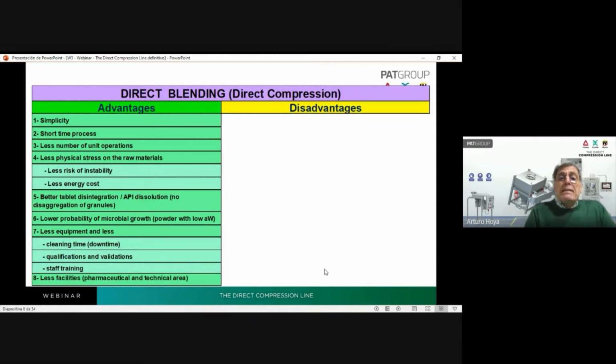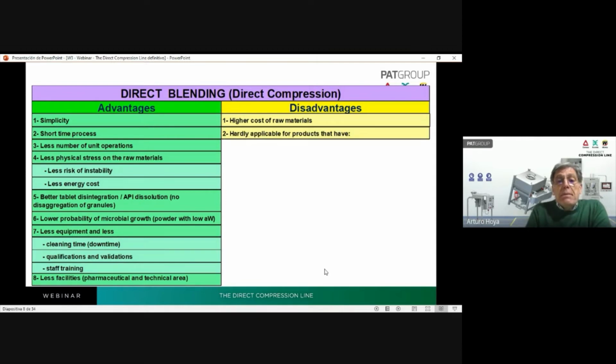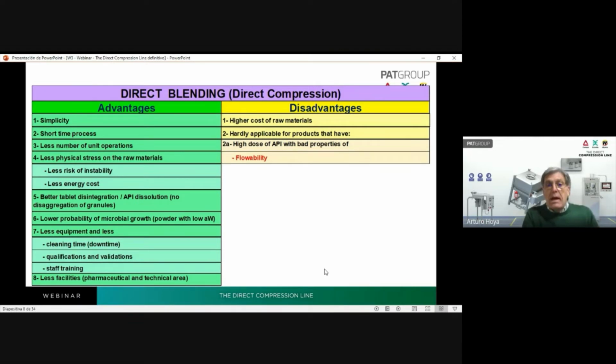Well, but of course, direct blending has disadvantages. For example, the cost of the raw material is higher than in typical granulation. It is hardly applicable for products that have this characteristic: when the product we want to produce has a high dose of API with bad properties of flowability and compactability, well, we have a problem, because direct compression could fail in these cases.